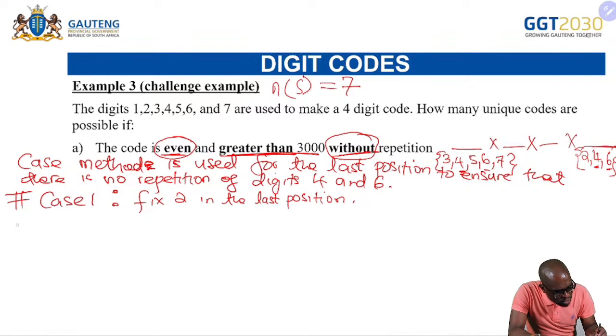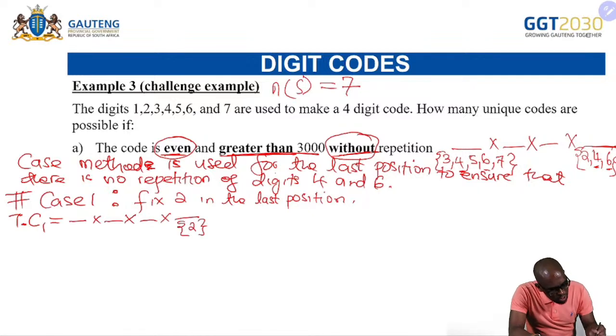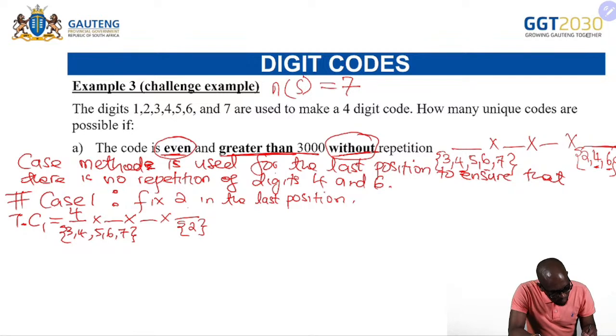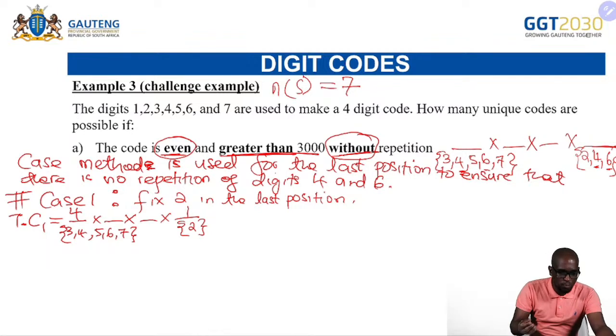If I fix 2 in the last position, the total number of codes for case 1 would be 1, 2, 3, 4. In the last position, I use 2, which means that in the first position, I still have 3, 4, 5, 6, and 7. So I have 4 options of filling the first position, and I have 1 option of filling the last position, since I have only 1, 2.